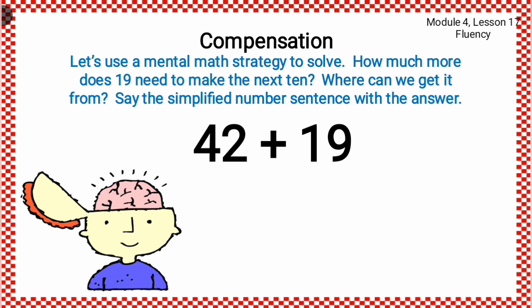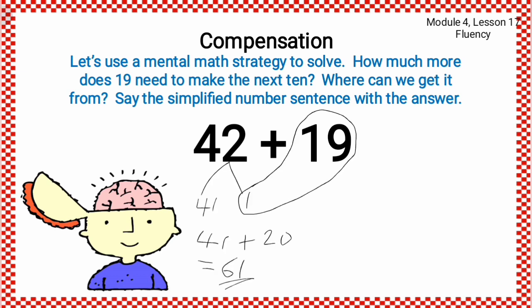So, I just need to make a compensation to see how I can make 19 become 20. To do that, I will have to take 1 away from 2. So my 42 becomes 41. So instead of adding 42 plus 19, I'm actually thinking about 41 plus 20. And that is 61. See?